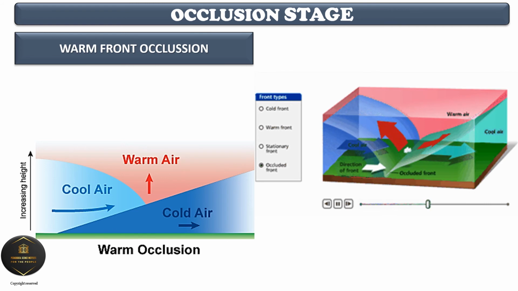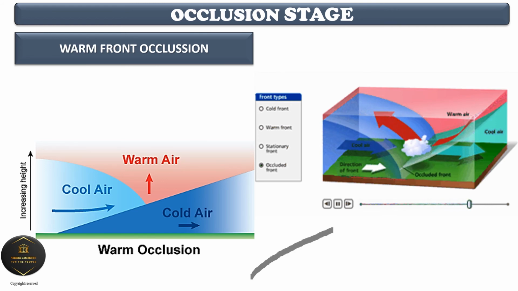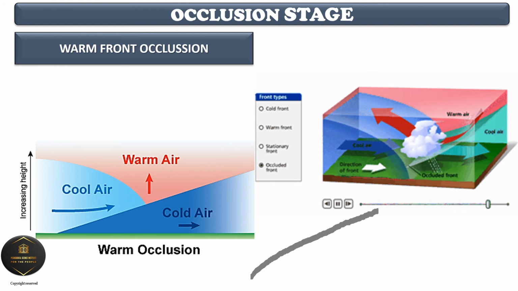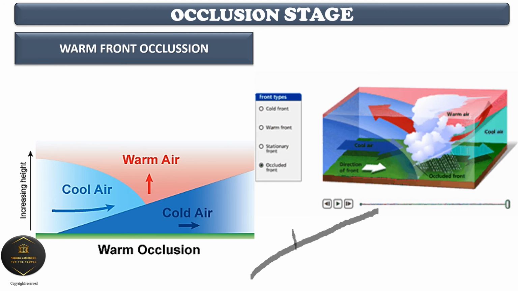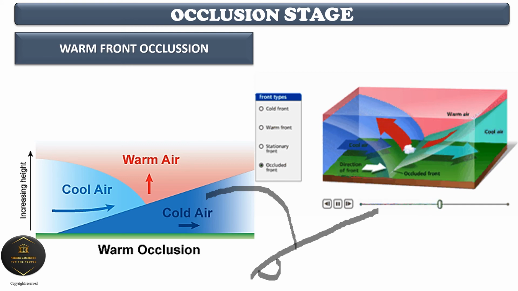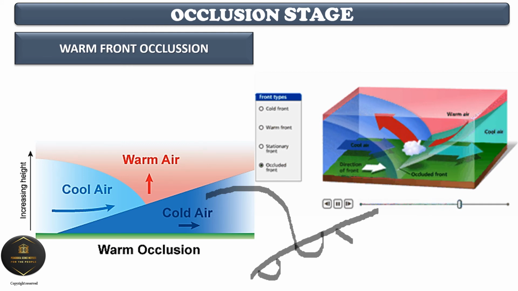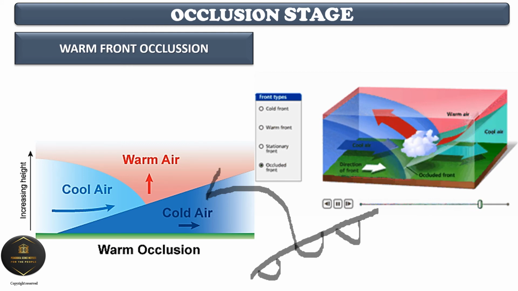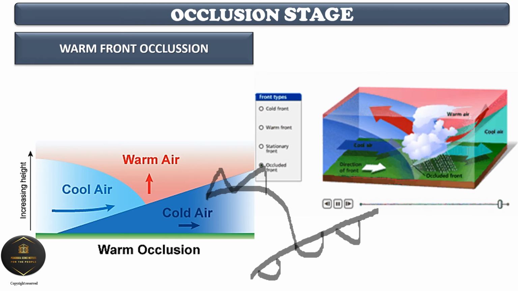So if we were to draw a cross section of this, it will look something like that. Remember, this is the warm front, the cold front will be here. So at the surface, we will have the warm front occupying the surface. So this is warm front occlusion.